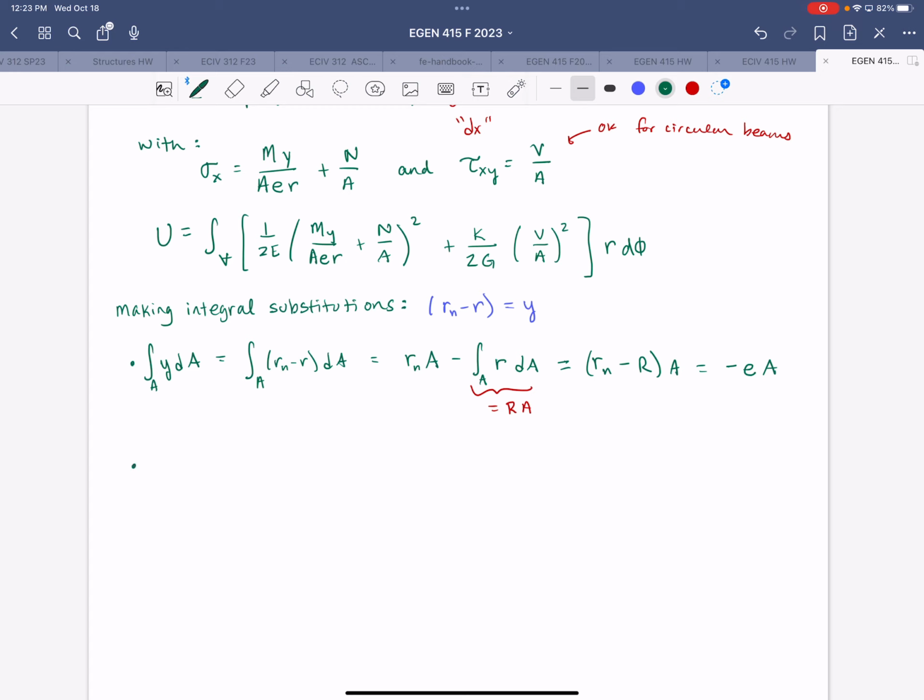And then the second integral substitution will end up from this term, quantity squared, we would end up with a term that has a y over r in it.